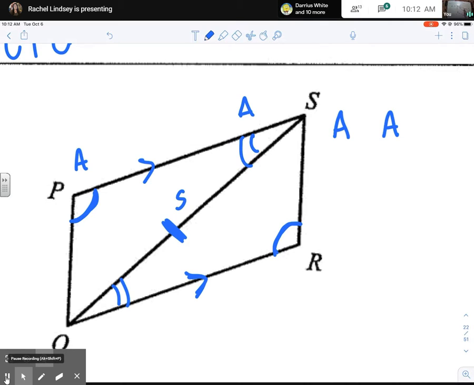Is that side marked as congruent? No, it's marked as parallel, but not as congruent. So I have two angles and a non-included side, so it would be angle, angle, side. If it's not marked congruent, it's not in between. And if it is congruent, it's in between, so it would be angle, side, angle.